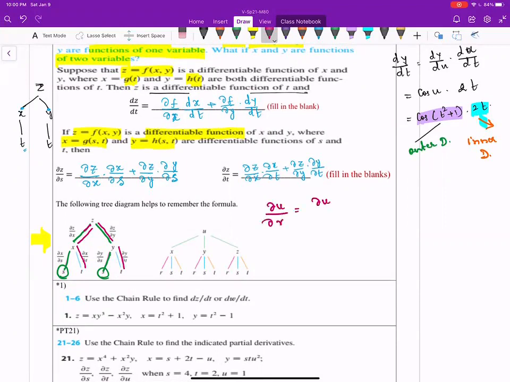Then you'll have to do u with respect to x and x with respect to r, plus the partial derivative of u with respect to y, then y with respect to r, plus the partial derivative of u with respect to z and z with respect to r. They are only considering the left branches, so this way, then this way, and this one. Similarly, you can do dou u by dou s and dou u by dou t.